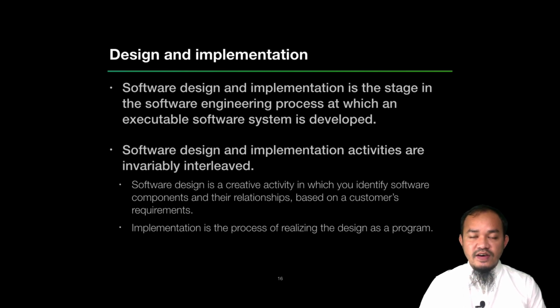We try to identify the software components. A software component is a set of classes and interfaces that talk to each other. Implementation is the process of realizing the design as a program. We construct from the abstraction level to a program that can be run and is useful.